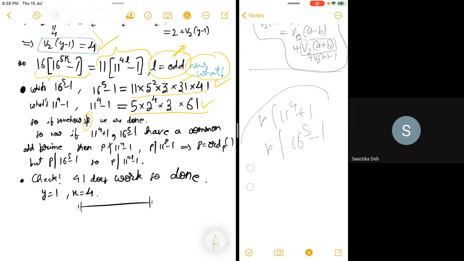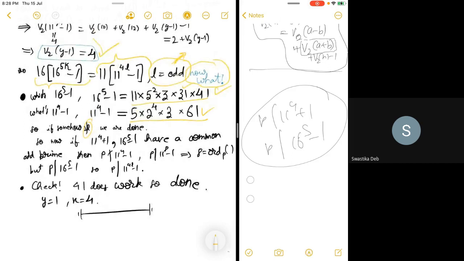Suppose we find such a prime, then we will be done. This is because the prime P will not divide the right hand side. 11 to the 4 plus 1 is basically co-prime to 11 to the 4l minus 1, unless 2 actually divides it.